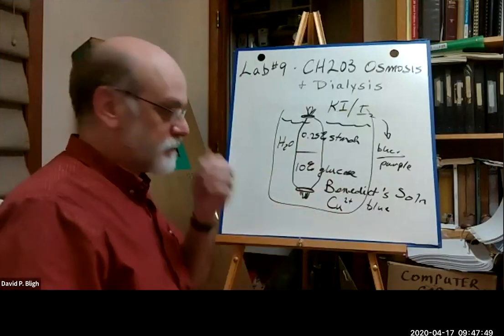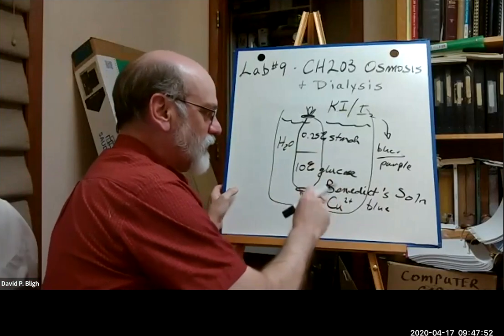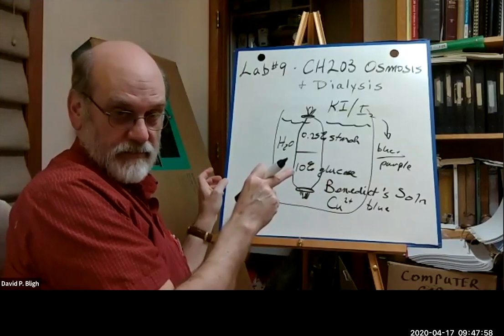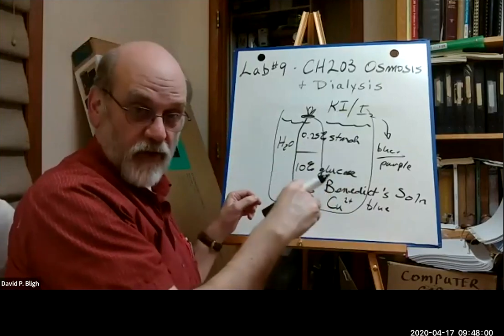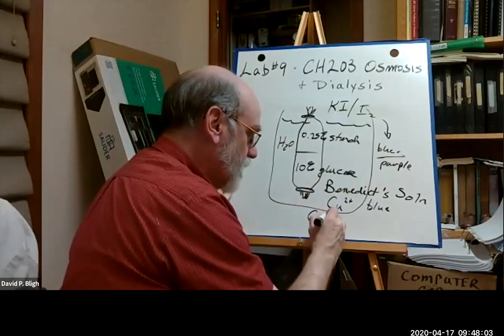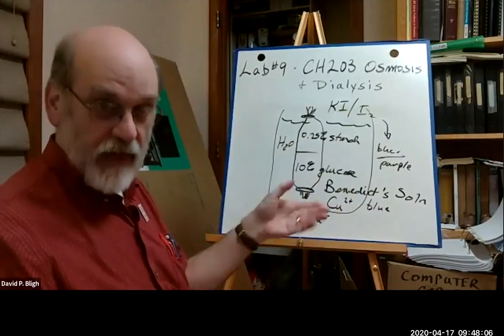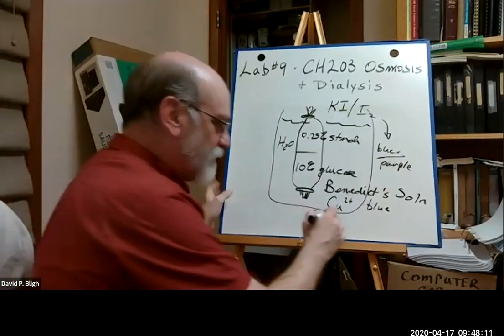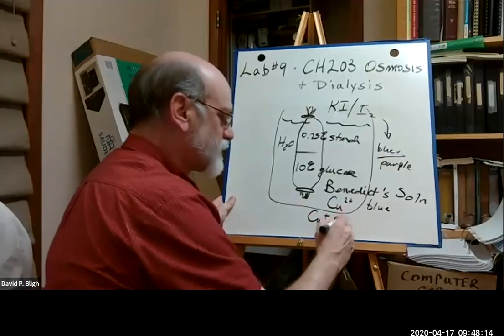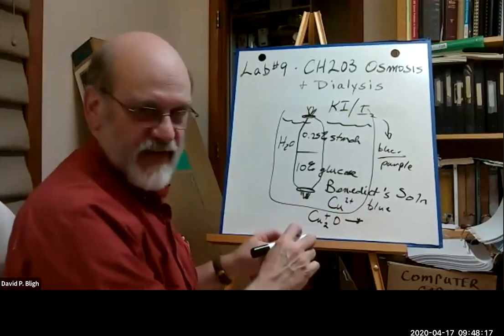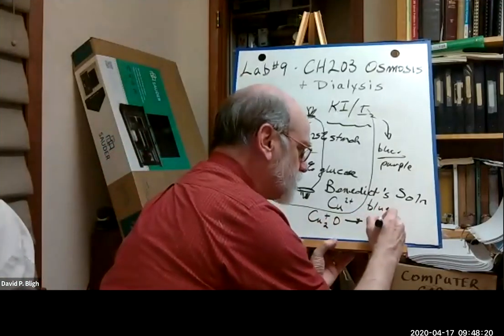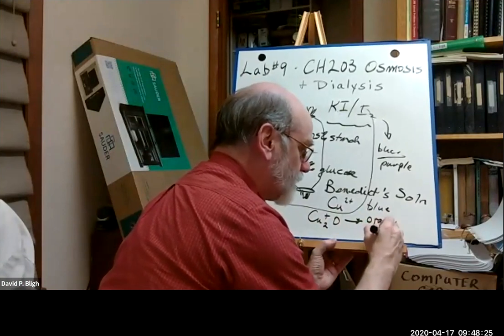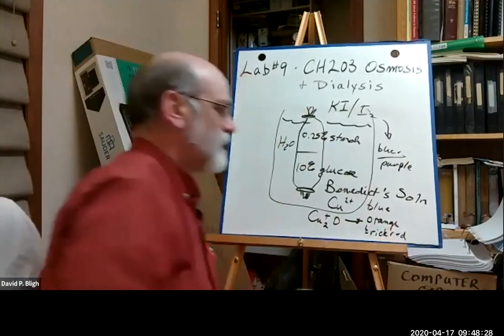And when you do that, the glucose causes this copper to be reduced, which means we add an electron to it. So now we have copper 1+. We just add one electron to it. And under these circumstances, copper combines with oxygen and precipitates as an orange, sometimes a brick red color.